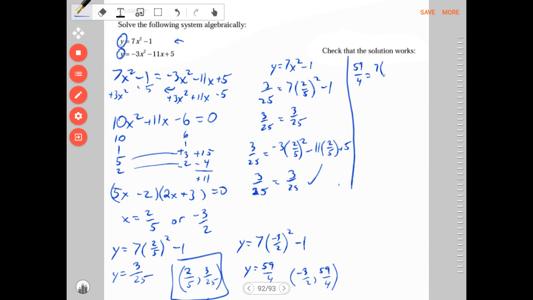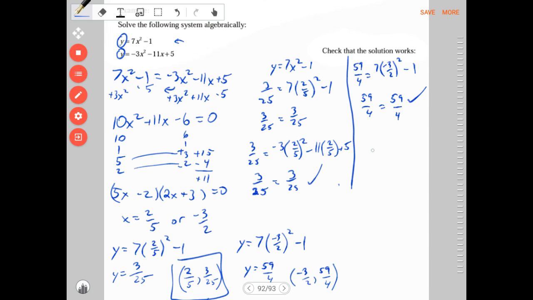That's supposed to be 7 times negative 3 halves squared minus 1. So we're just going to type that in. 7 times negative 3 halves squared minus 1. So that is 59 over 4 again, or 14.75 if you prefer the decimals.